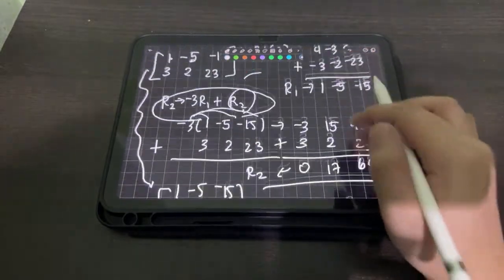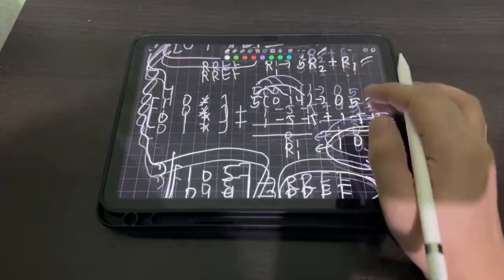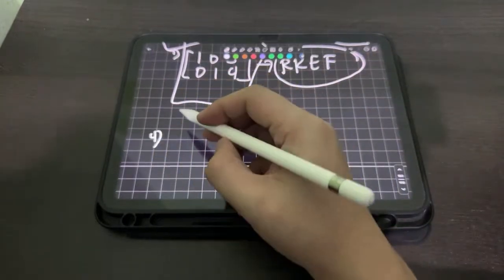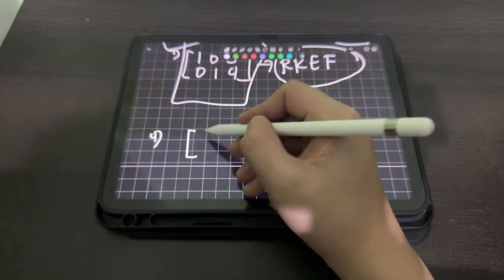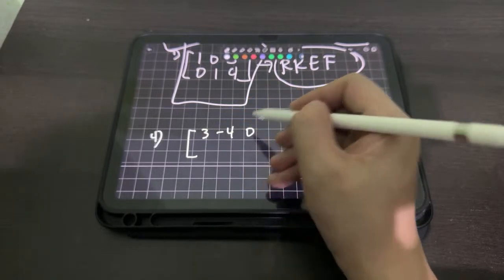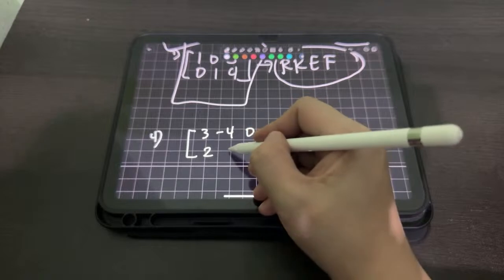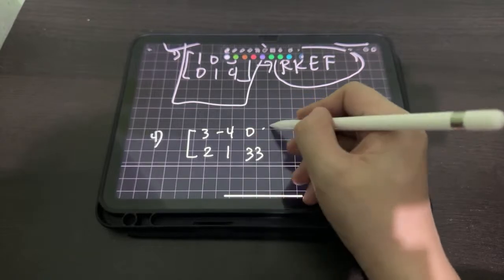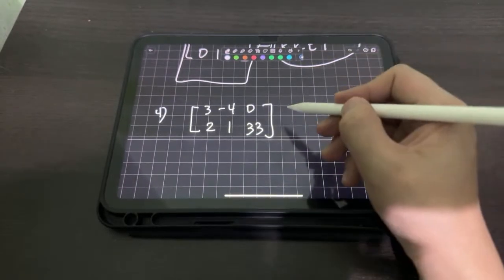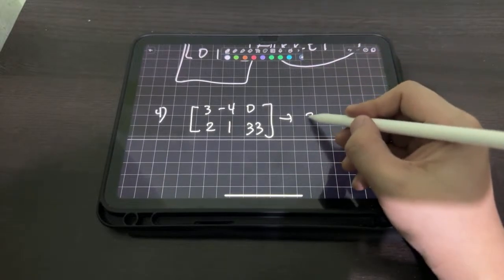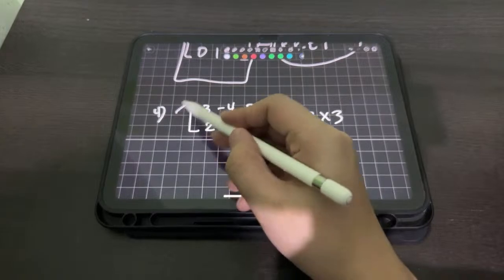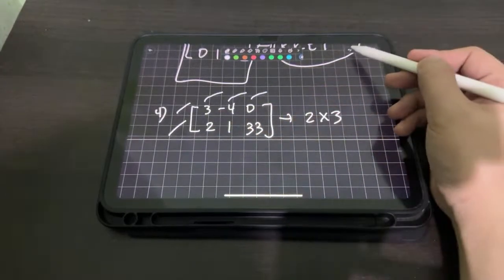Okay, next. Number 4. What if the matrix is 3, negative 4, 0, 2, 1, 33? Again, just like in the previous problem, the size is 2 by 3, 2 rows and 3 columns.